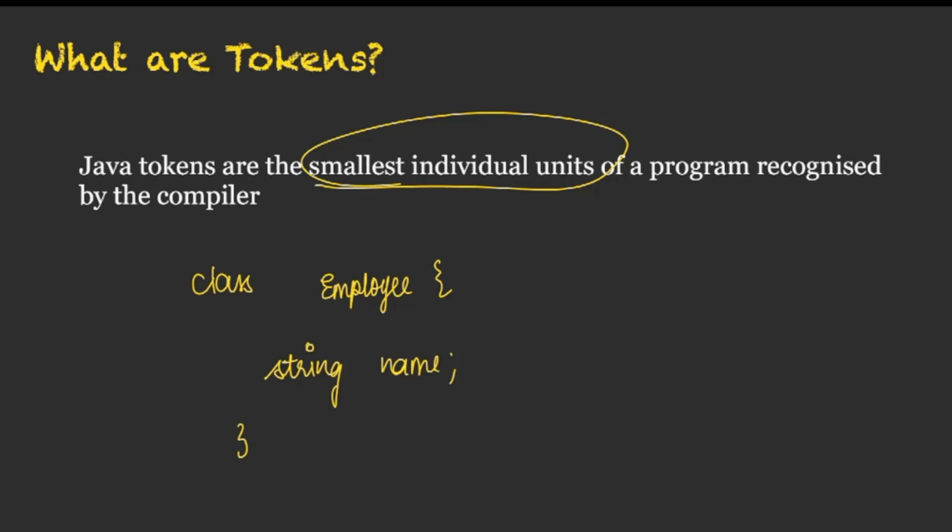Now, in this particular example, the Java compiler would execute the program line by line, and each line it would divide into distinct elements so that it can understand the program. So the first line, it would divide class and employee as two distinct elements, and each element is what you call a token. So simply, tokens are the smallest individual elements in a program that are meaningful to the compiler.